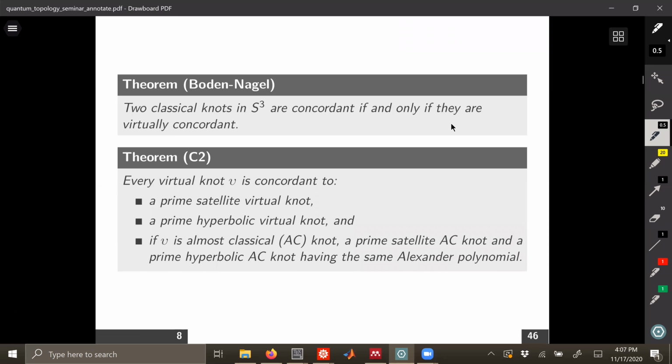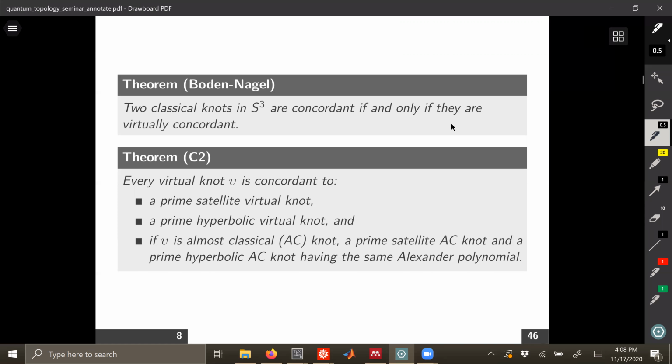Okay, so a few things are known at this point about virtual knot concordance. The first thing one should always mention is that two classical knots in the 3-sphere are concordant in the usual sense if and only if they are virtually concordant. This is an important theorem of Boden and Nagel. For classical knots, you can specify what the generators of the knot concordance group are.